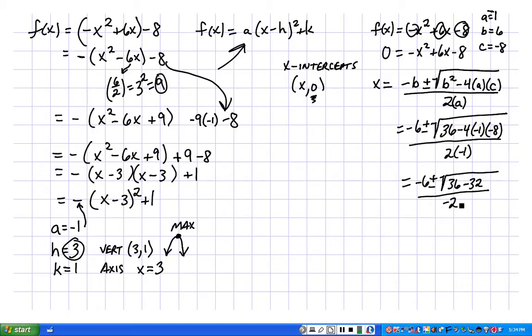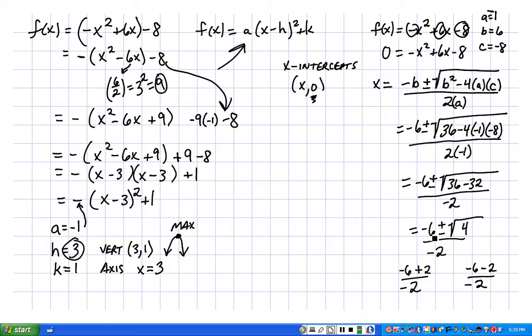Okay, so you end up with negative 6 plus or minus square root of 4 over a negative 2, which gives you negative 6 plus 2 over negative 2, and negative 6 minus 2 over negative 2.